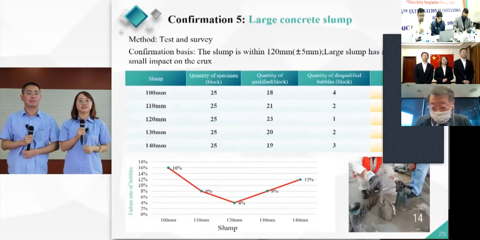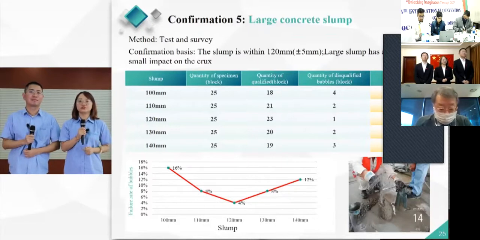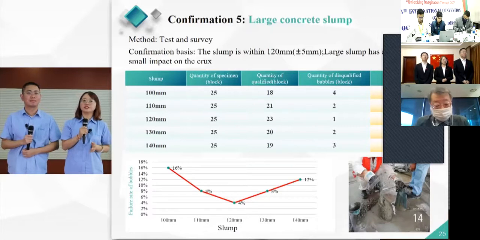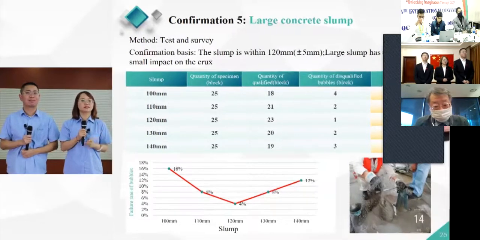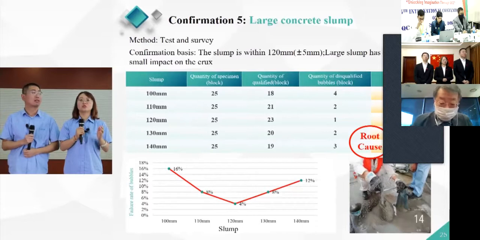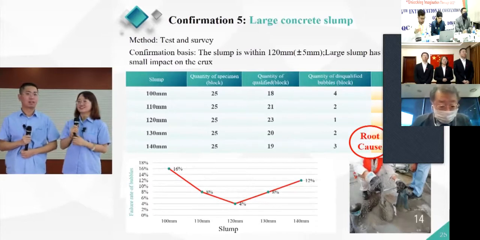We conducted different pouring tests with concrete slump varied from 100 millimeters to 140 millimeters. Test results showed that different concrete slumps have an obvious impact on the failure rate of bubbles. The large concrete slump has a big impact on the cracks. This factor is one of the root causes.